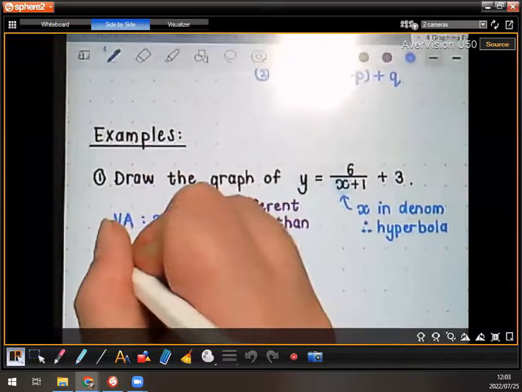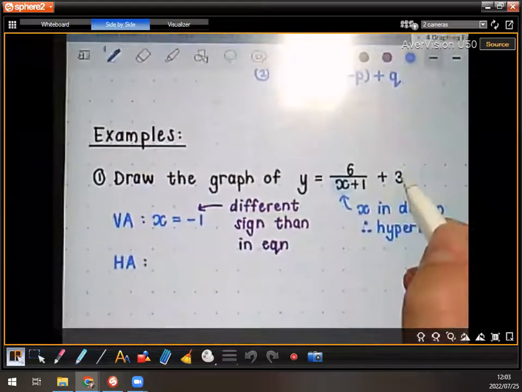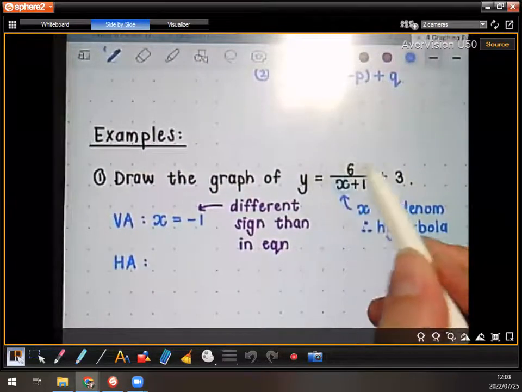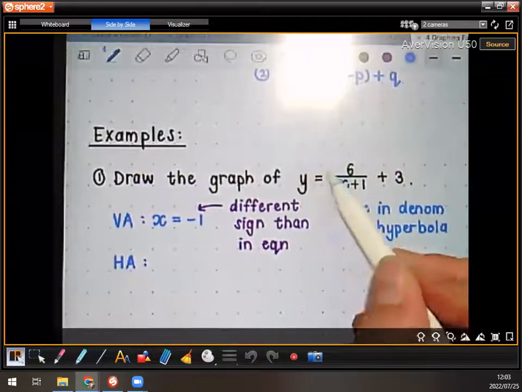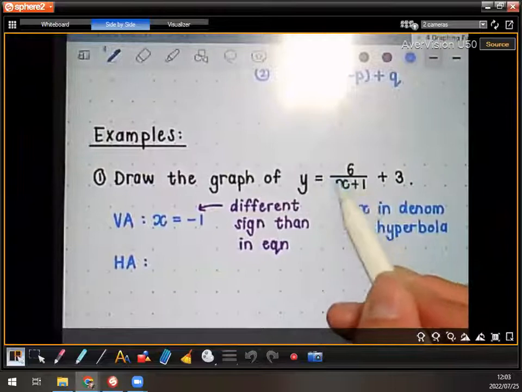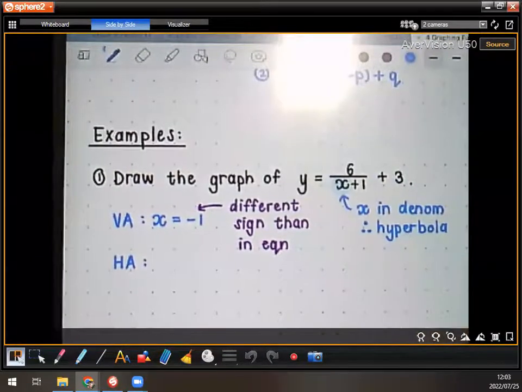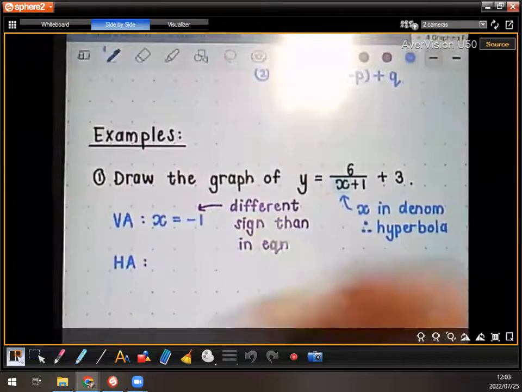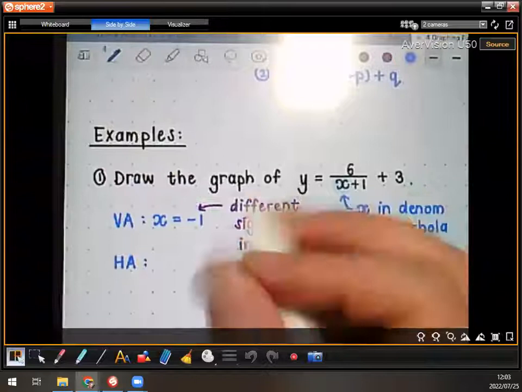Okay, the other asymptote, the horizontal asymptote, is given by the Q value. And guys, you can think of it in this way. The x and the 1 here are on the same level, so they go together. And then the y and the 3 are on the same level, so they go together. Okay, so the other asymptote is y equals 3.